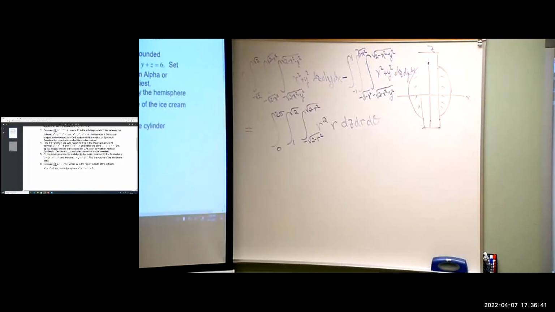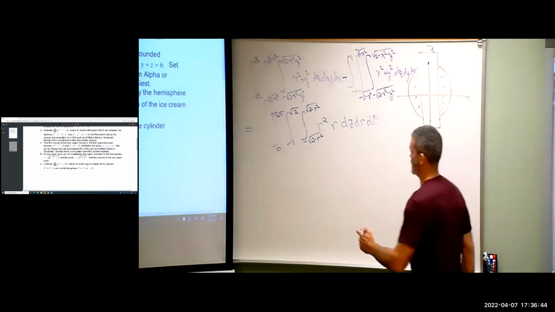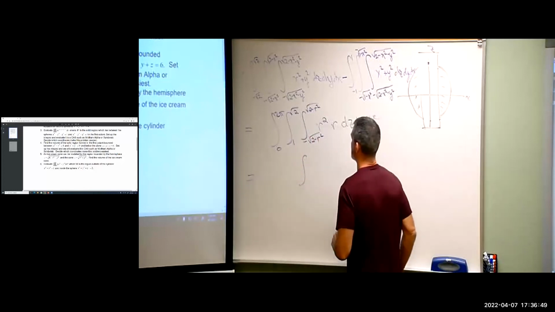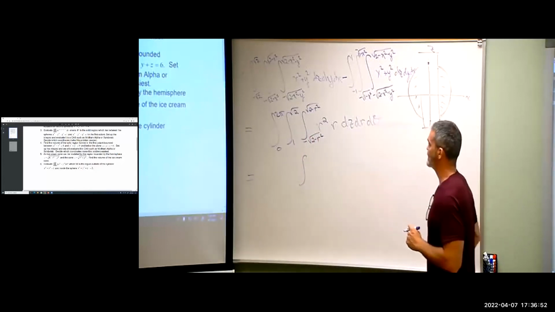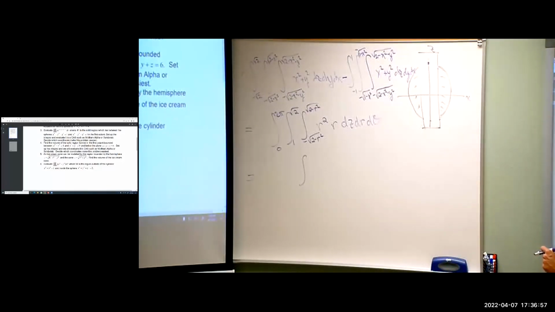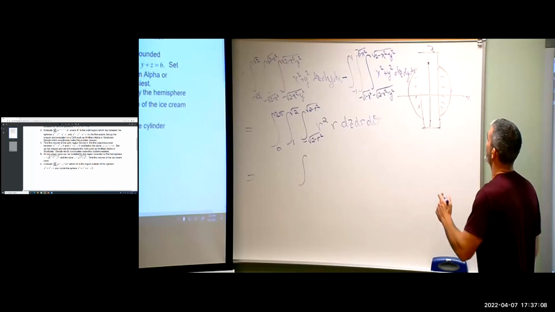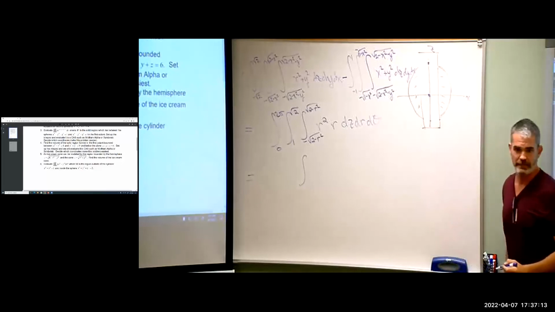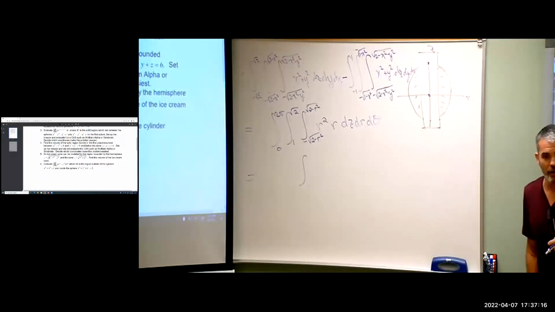First thing we need to think about is what our limits are going to look like and how we're going to convert that function. There's something really cool that's going to happen here. It's going to help us out. What I want you to notice is rho. Remember that rho goes from the origin out to the edge. But our rho isn't going to start at the origin because we need that blank space.